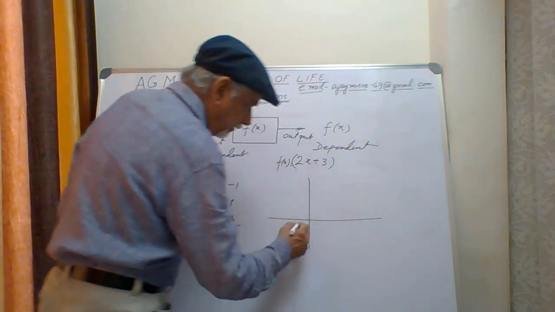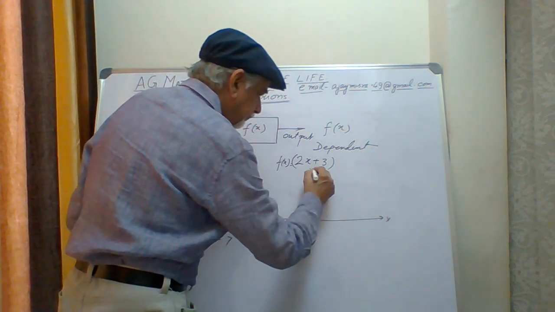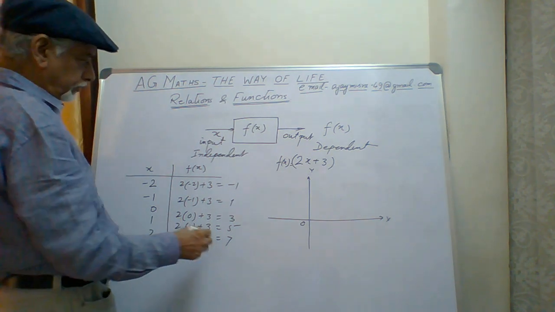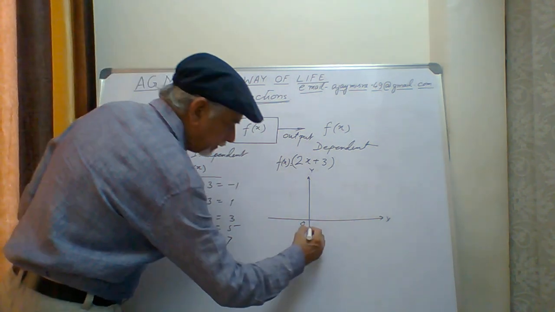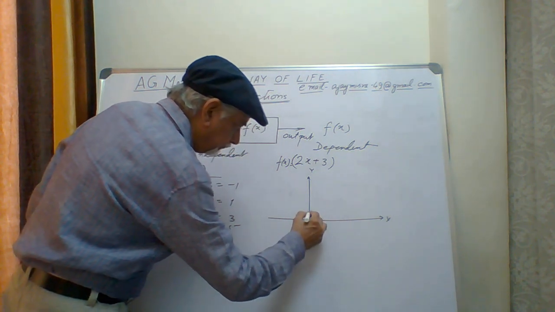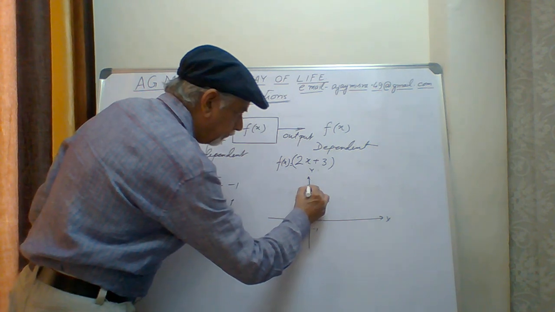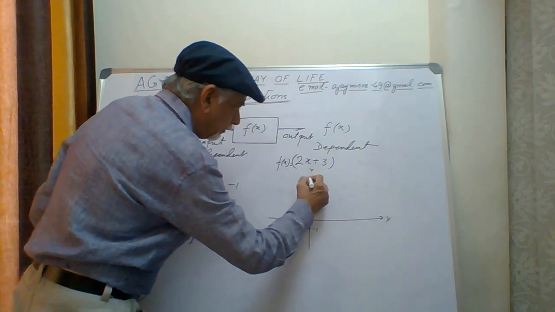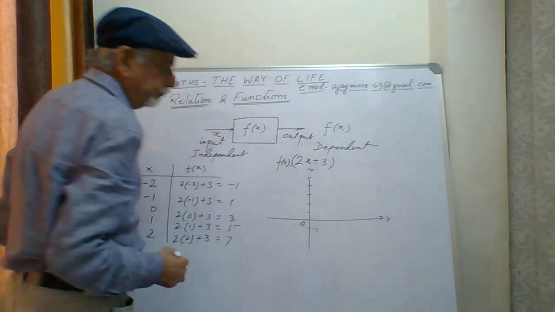Now if I plot a curve, what will it look like? Suppose this is your x-axis and this is my y-axis. So y values are from minus 1 to 7. Suppose here it is minus 1, plus 1, 2, 3, 4, and 5, 6, and 7 somewhere here.